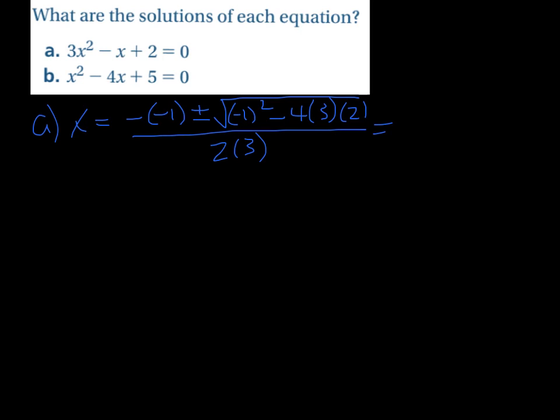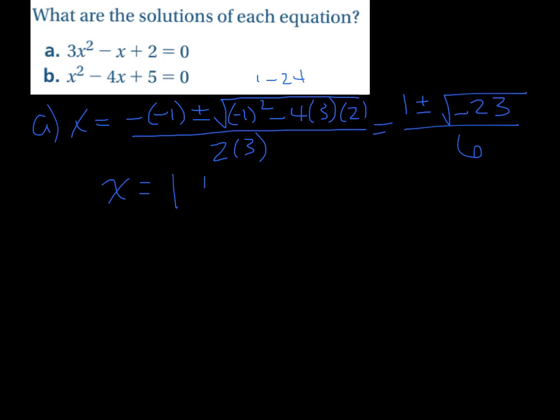As we start to simplify that, the opposite of negative 1 is 1, plus or minus the square root, negative 1 squared is 1, 4 times 3 is 12, times 2 is 24, so I really have 1 minus 24, which is negative 23, all divided by 6.